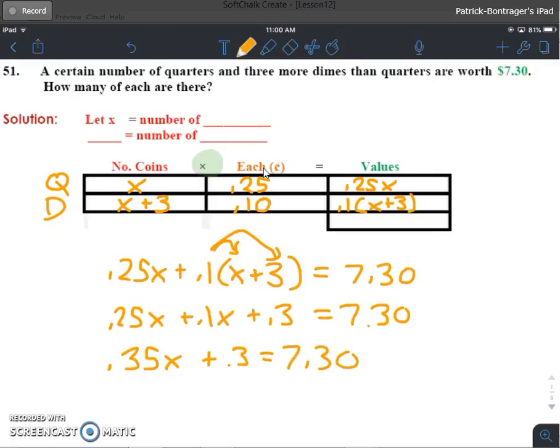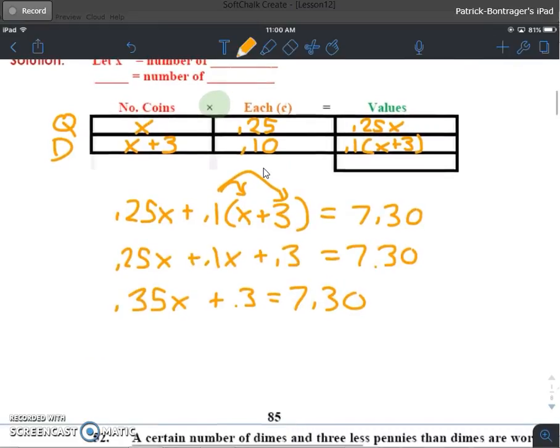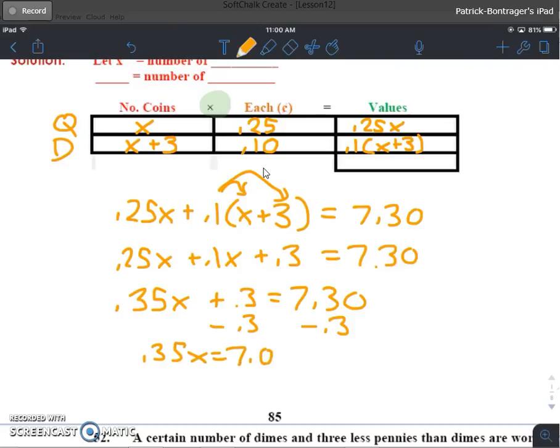Get the x on one side and get the constant on the other. And then we'll divide.